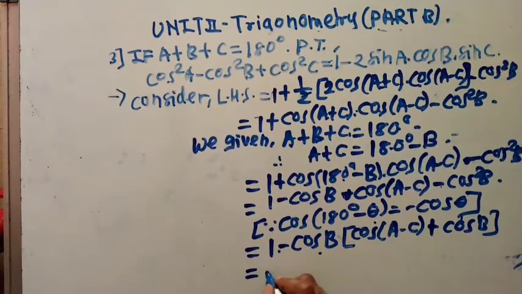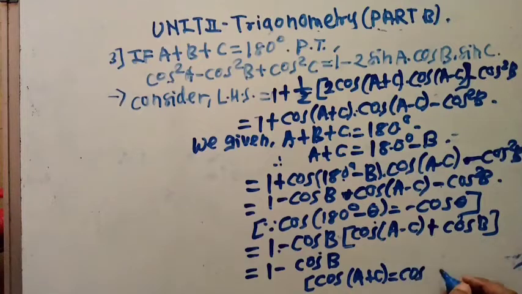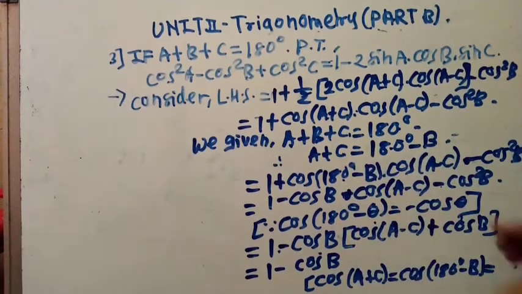The next step is 1 − cos b, but cos(a + c) is equal to cos(180° − b). Cos(a + c) means cos(180° − b), which is equal to −cos b.